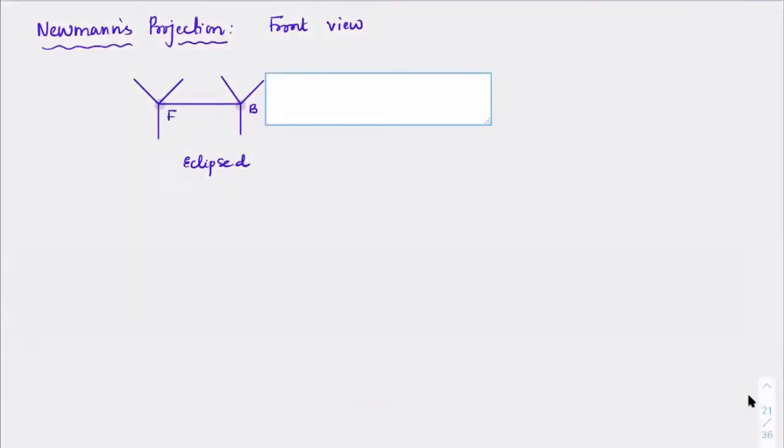Remember this, front carbon I'm always taking as a point. From the point, I have one hydrogen here, one hydrogen here, and one hydrogen going down. In reference, I'm taking all of them as hydrogens. First we'll study everything with respect to ethane, then we can generalize that.